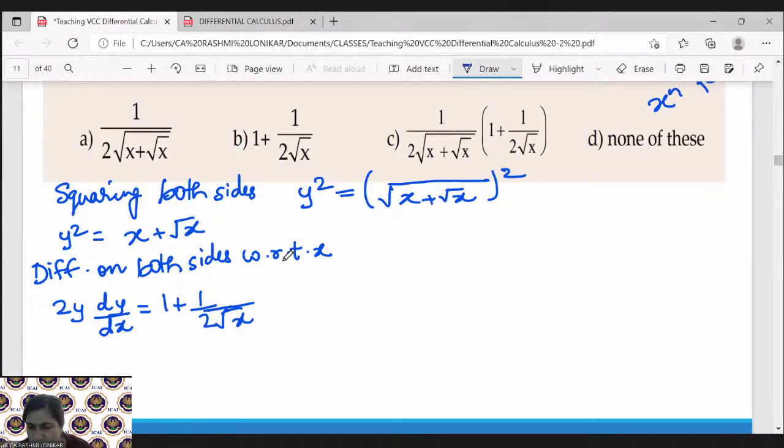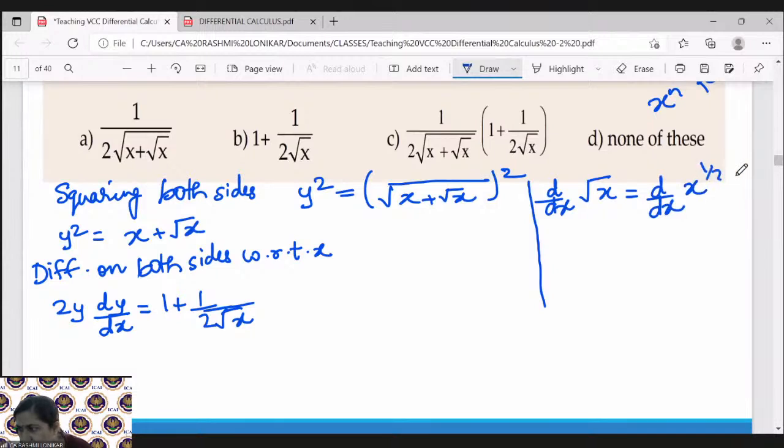Okay, shall I show it to you? Okay, let me show it to you. So, I show it here. I'm trying to find out derivative of square root of x. So, d by dx of square root of x is equal to d by dx of x raised to half.